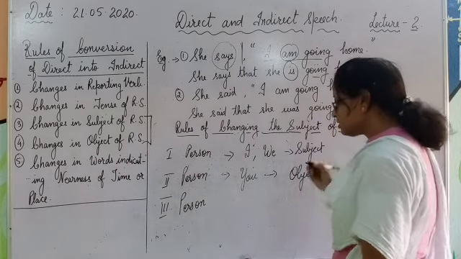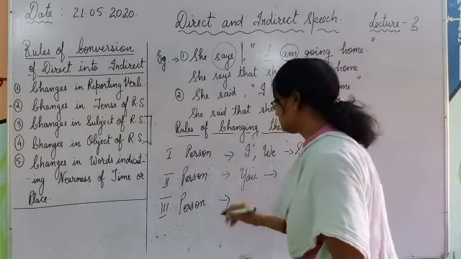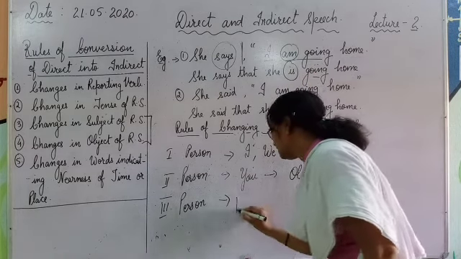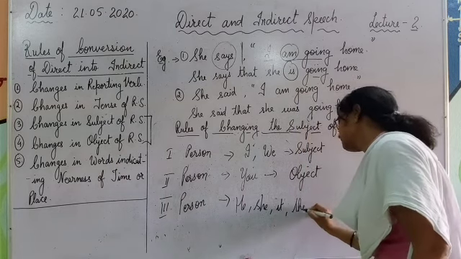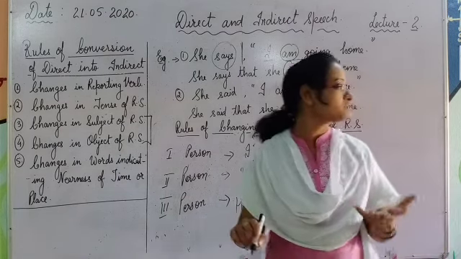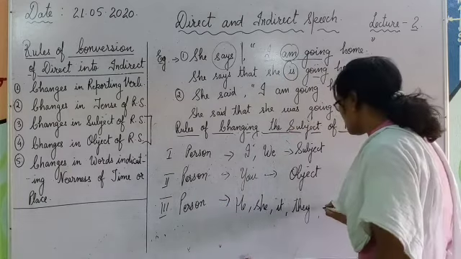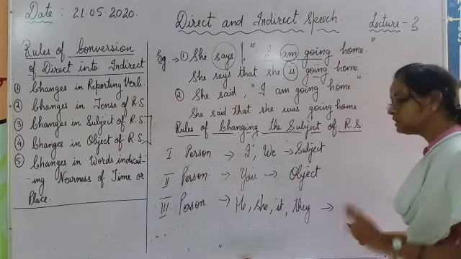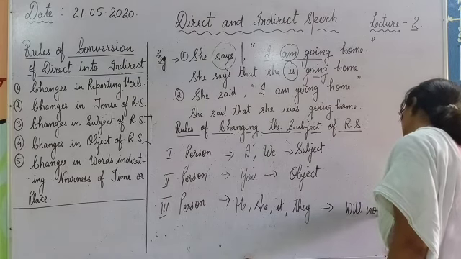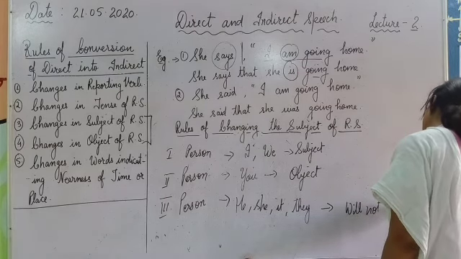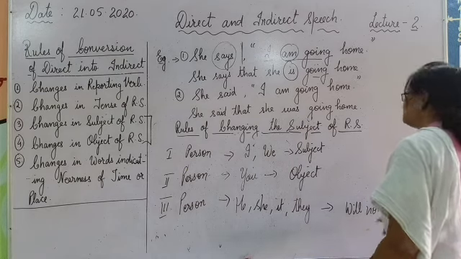Third person includes he, she, it, they, or any names, relations. Clear? All these third persons will not change. They will remain the same. As in the above example, let us put the third person and see.